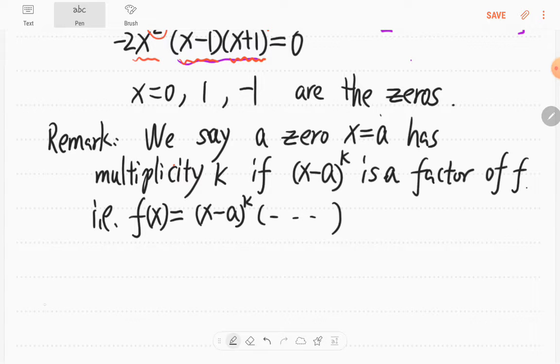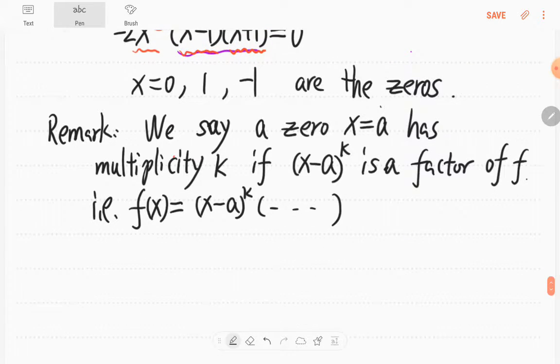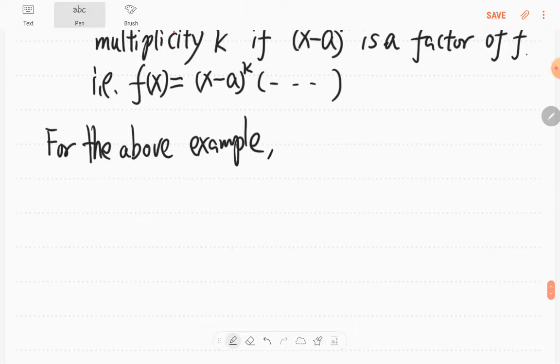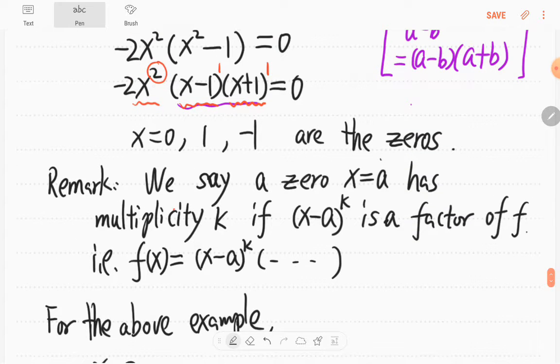So for the above example, x equals 0. This is 0, but here is power 2.